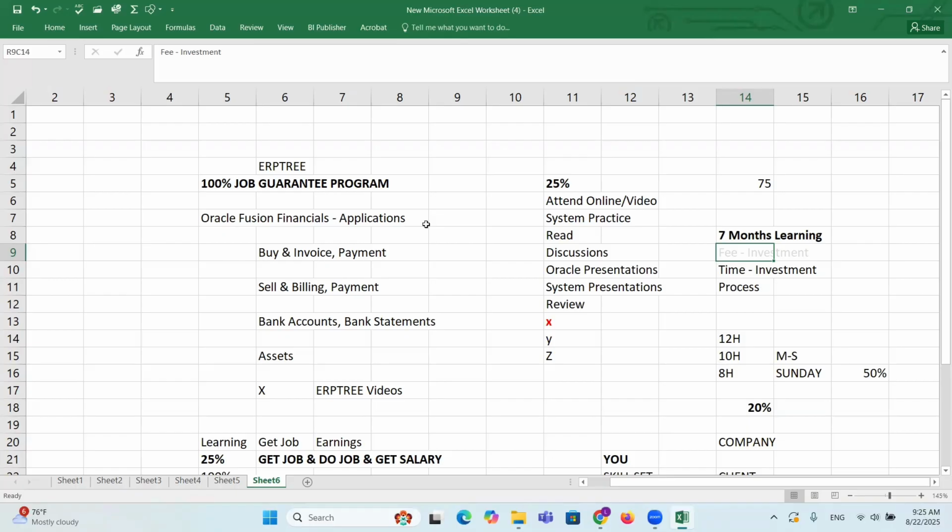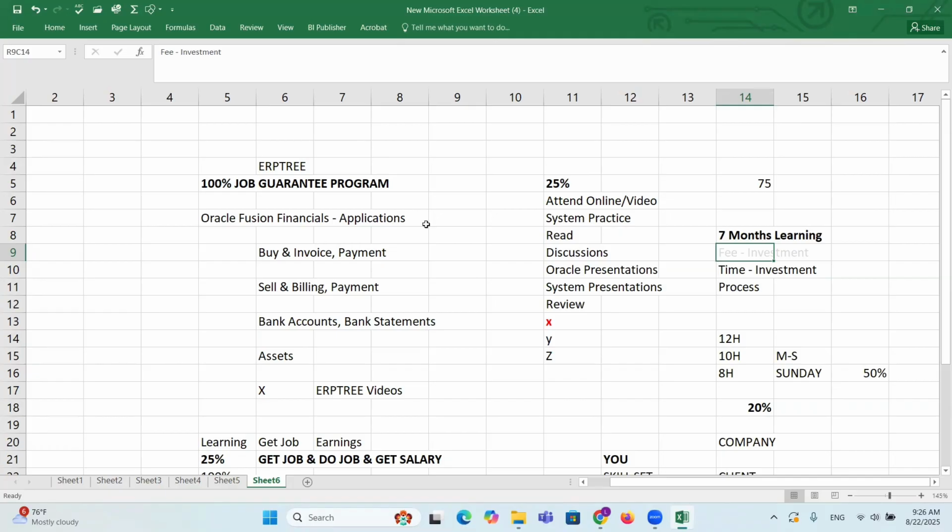It's purely functional, no coding, no programming. Any academic background works. You don't need to think, I never did any IT job. You need not try to discover the colors in IT. It's a pure simple course. If you know WhatsApp, Facebook, Instagram, if you know how to use those, then you can learn this program.